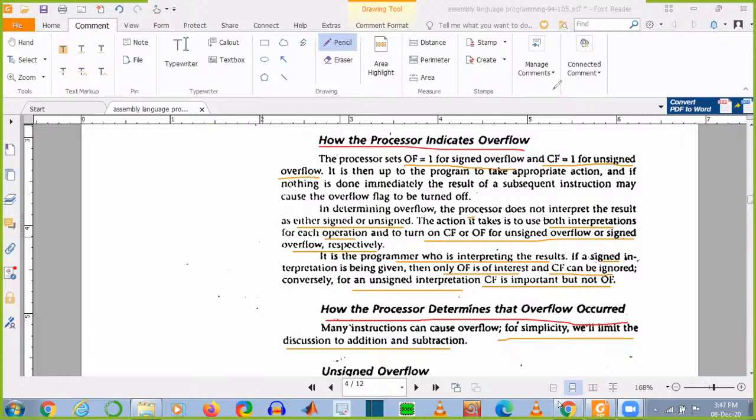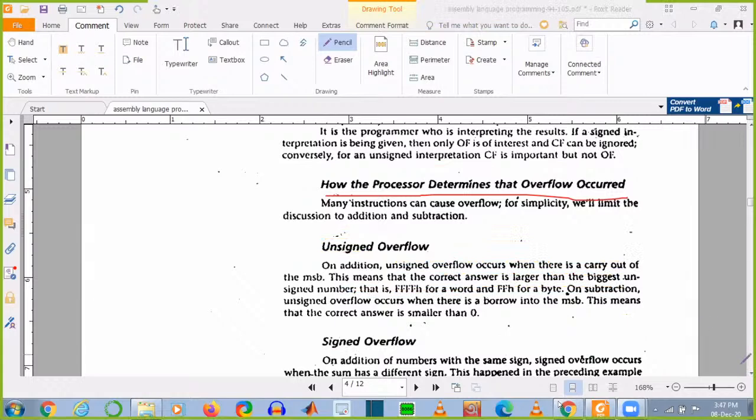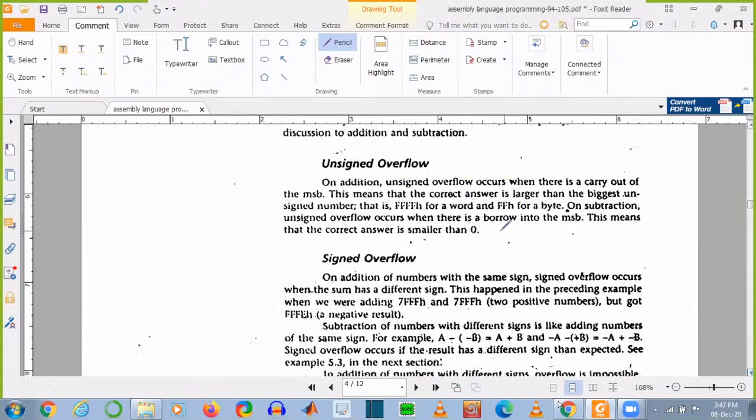So let's talk about unsigned overflow and signed overflow in more detail. On addition, unsigned overflow occurs when there is a carry out of the MSB. I already told you that.